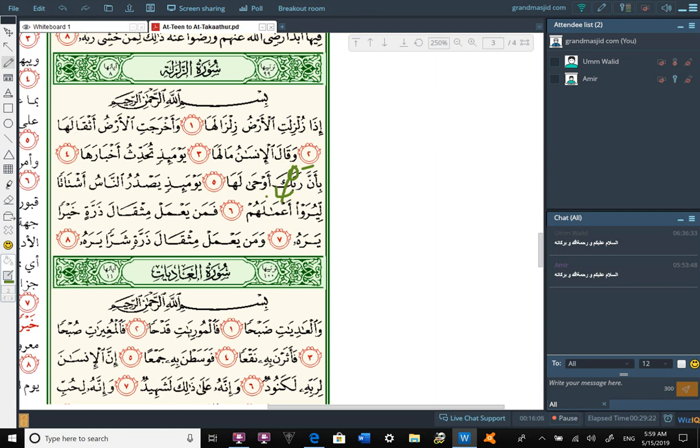Awha laha. Awha comes from the root waw, ha, ya. Meaning to inspire. And this is form 4. Awha is form 4. Meaning to inspire. To command. To tell the earth to do so. Awha laha. La is a harf jar, it's a preposition, right? And ha is in a position of being majroor because of that.